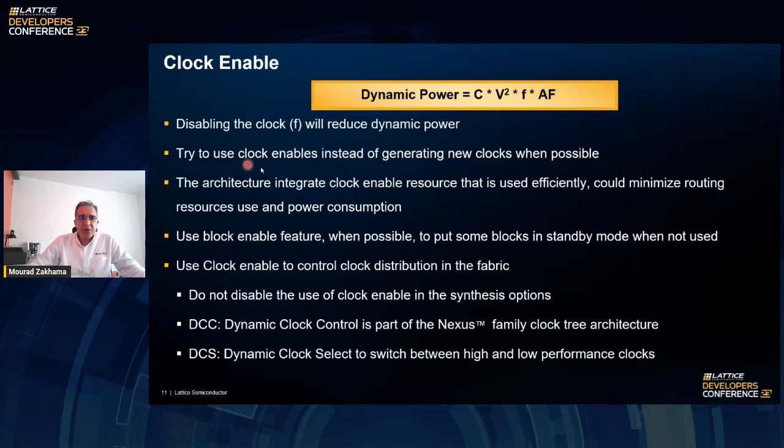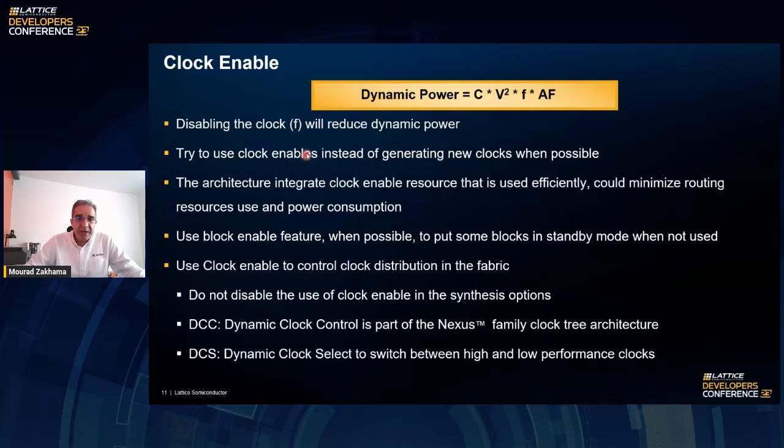Try to use clock enable instead of generating new clocks when possible, which is also a good practice. Instead of having 10 clock trees, you may have only 5, because clock trees distribute the clocks, and if you have more clocks, then more power is needed to distribute all these clocks across the board.